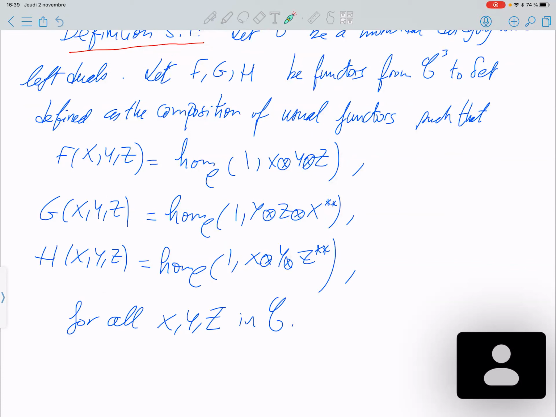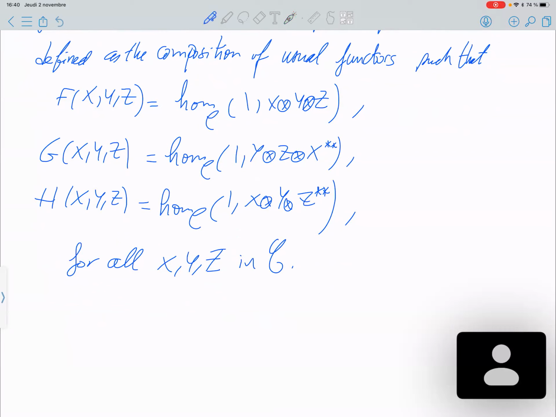You have, for example, the hom functor: t maps to Hom(1, t). This is a functor. And you have the functor mapping x, y, z to this tensor product, etc. Here you have the functor of double dual, etc. So everything can be decomposed into usual functors. So there's no problem.